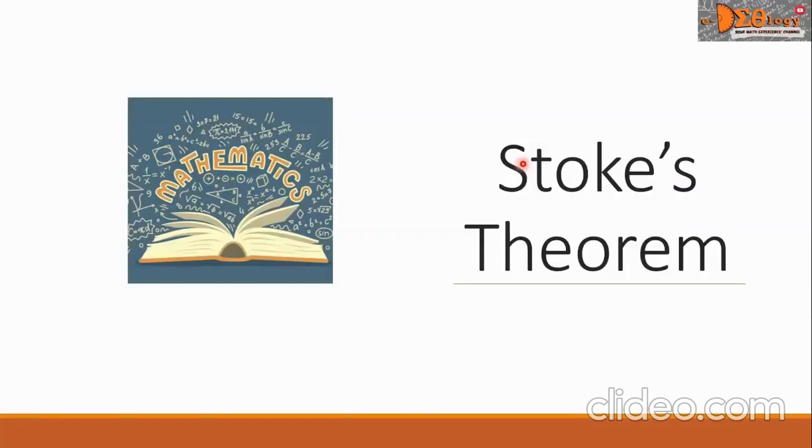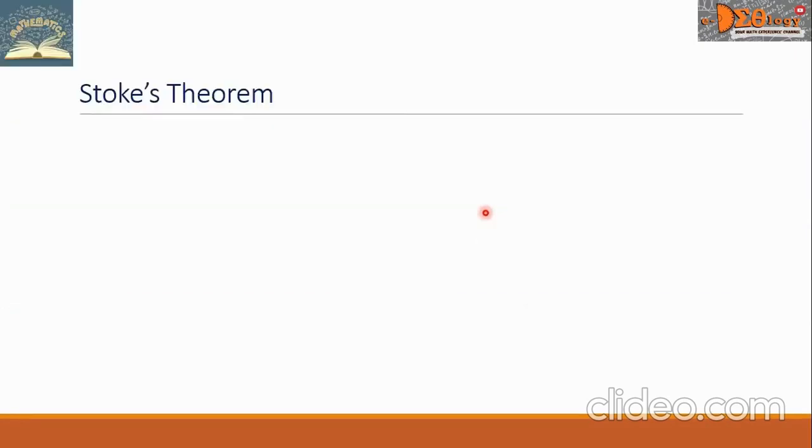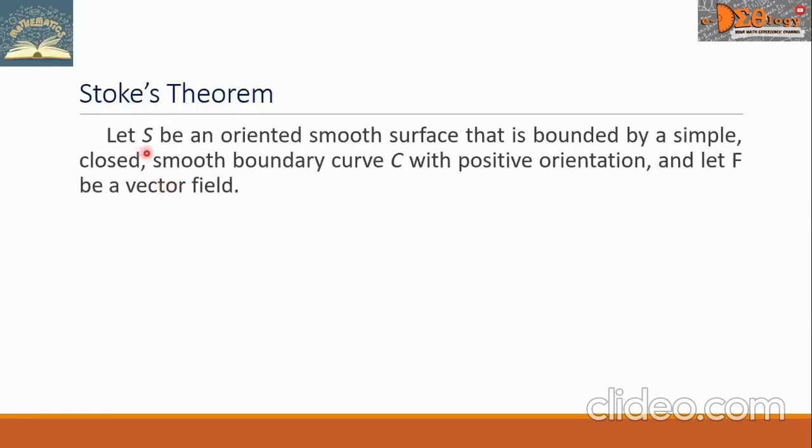Today, we're going to study Stokes' theorem. Let capital S be an oriented smooth surface that is bounded by a simple, closed, smooth boundary curve, capital C, with positive orientation, and let capital F be a vector field.